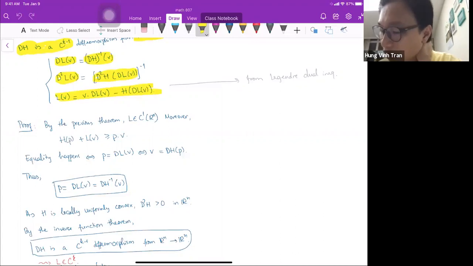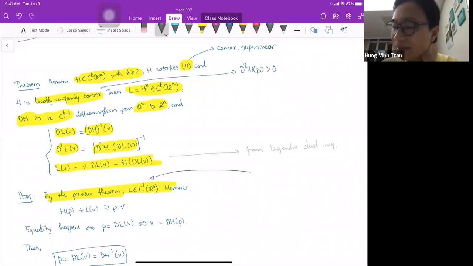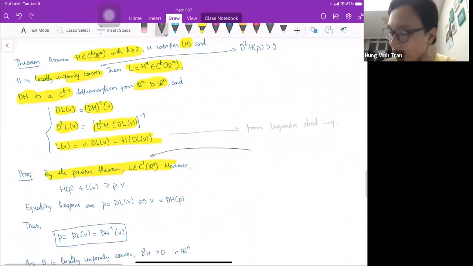So first of all, what do we have? Let me outline it and tell you what we have. By the previous theorem, we have d squared of h at p is positive.